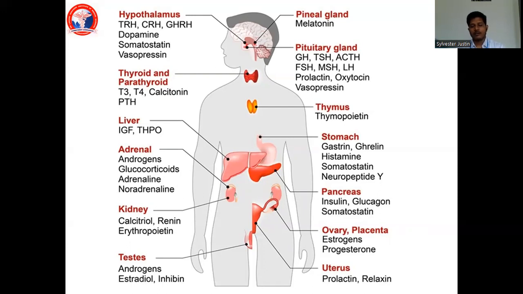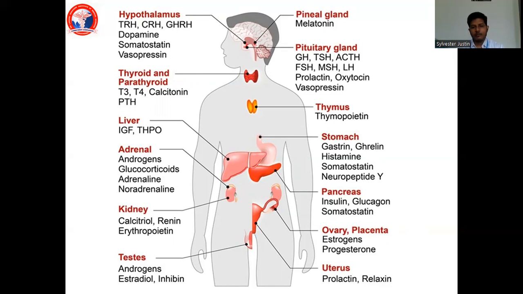And finally, we have the master gland of this endocrine orchestra, pituitary gland, which secretes growth hormone, thyroid stimulating hormone, adrenocorticotropic hormone, follicle stimulating hormone, melanocyte stimulating hormone, luteinizing hormone, prolactin, oxytocin, and vasopressin.